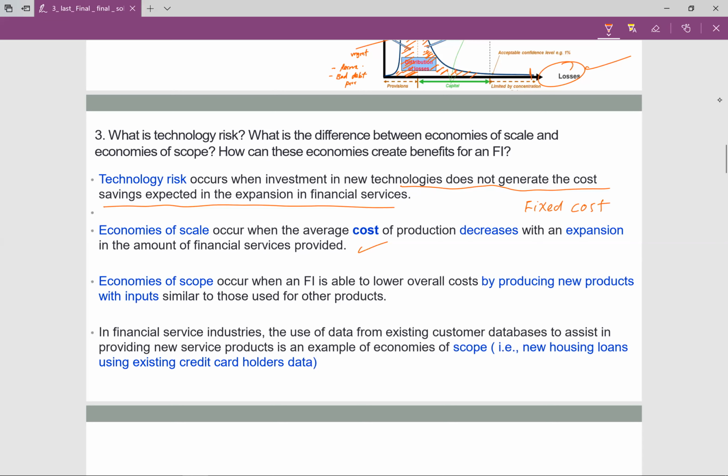Economic of scope is the other issue which you already talked about. Now, if I am one of those banks and I have 20,000 credit cards for young guys, and I know the age of those people, maybe they are guys like you, just graduated, having income between 3 and 4K, and they are okay.